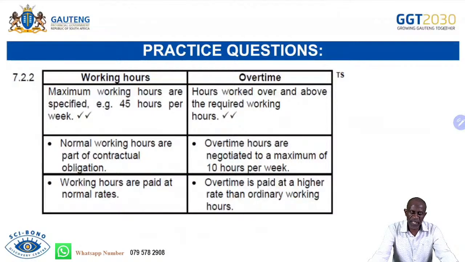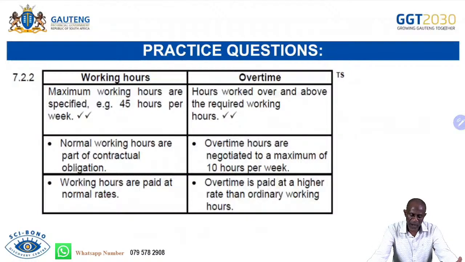So the maximum working hours are specified, that is 45 hours per week. It has been specified in the set of conditions that were alluded to. Hours worked over and above the required working time, that is overtime hours, are also specified and paid for.